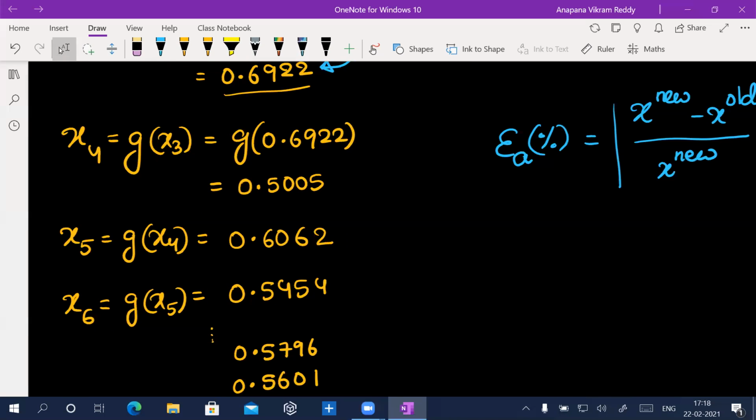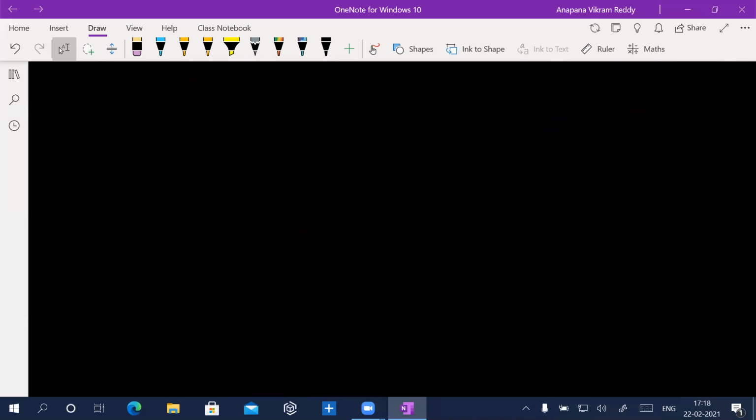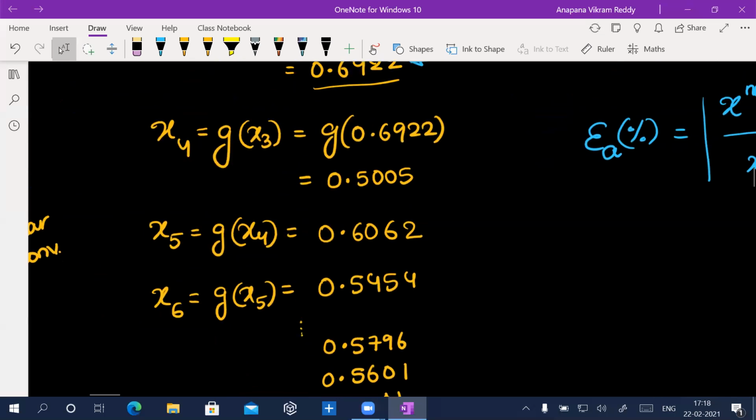That means you may not reach the solution very fast. You have to go through some more number of iterations to get the answer. So are you able to understand these things? So the fixed point method is very simple, right? Just substitute and then go. That's it. You have a single initial guess for this.